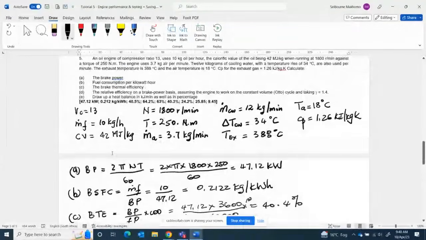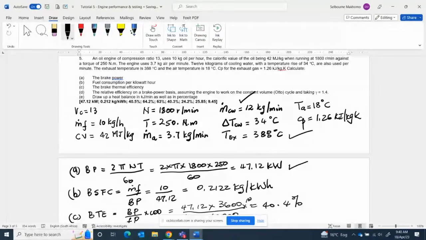The last question says, draw up a heat balance in kilojoules per minute as well as in percentages. Now, what is it that we are looking for here? According to this question, some of the heat liberated by the fuel in the engine was converted into power, some was absorbed by the cooling water, and some was taken by the exhaust gases.